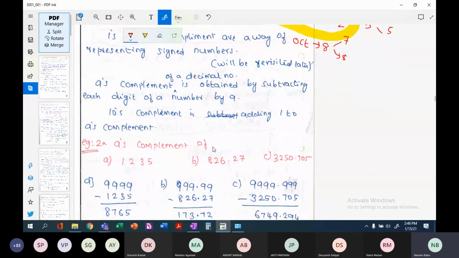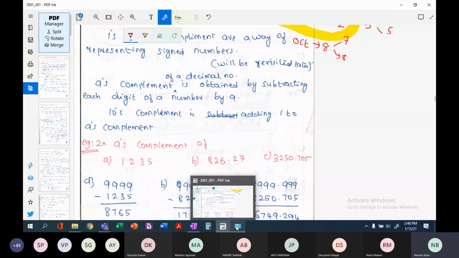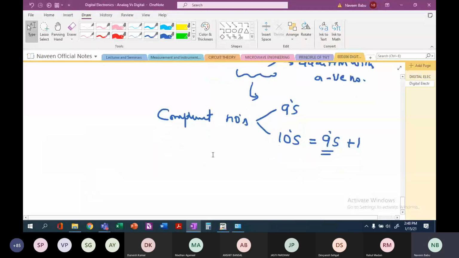Now say for example 1 2 3 4. I am going to represent the 9's complement of 1 2 3 4. How do you write the 9's complement? 9's complement means the equivalent complement number of 1 2 3 4 which can be added, right?